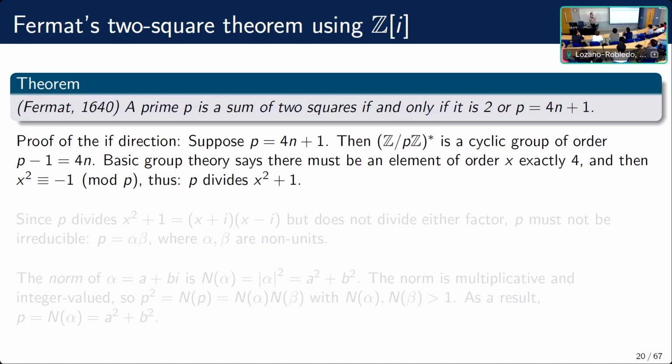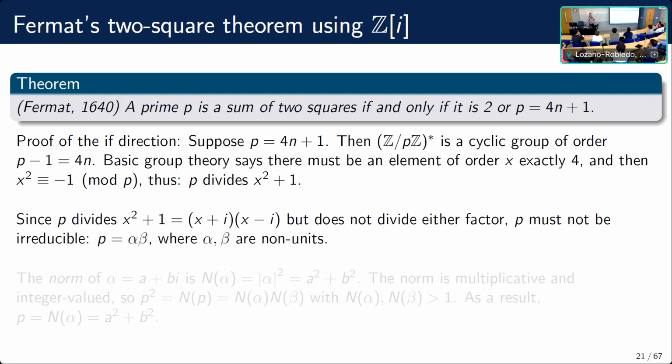So x squared has to be -1 in that group. So x squared is congruent to -1 mod p. Thus p divides x squared plus 1. And that's the key. I would call this the reciprocity step of the proof. We just proved a case of quadratic reciprocity, showing when -1 is a square.